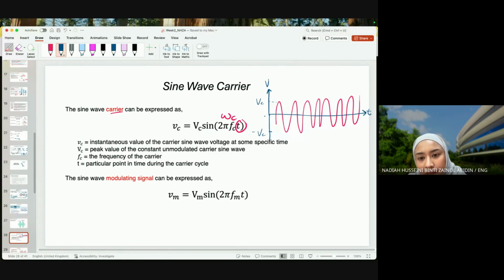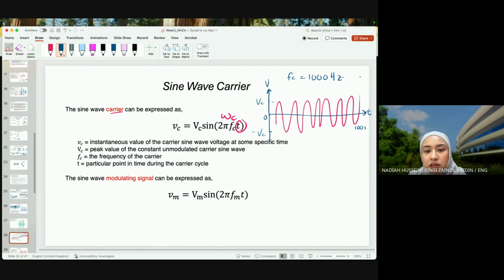Let's say my axis starts from 0 up until 100 seconds. And f_c, the carrier frequency, is fixed. Let's say f_c is 1000 hertz, or 1k.